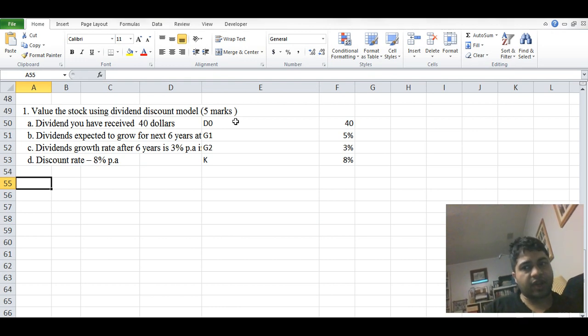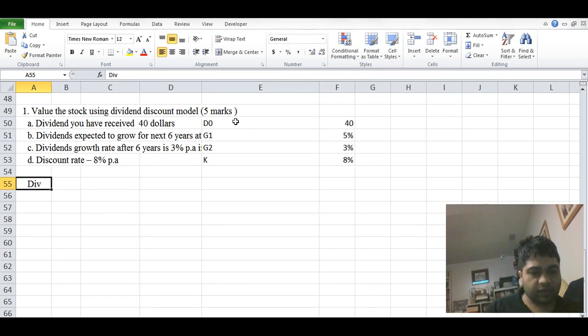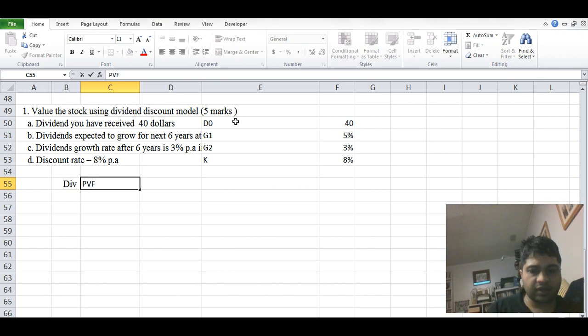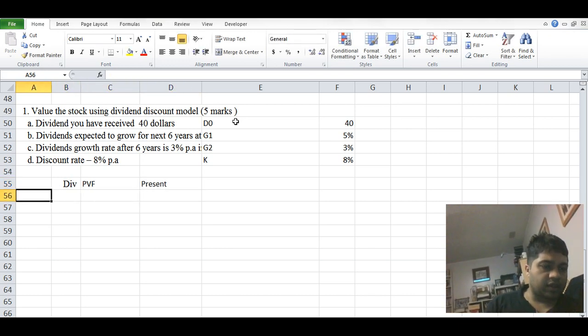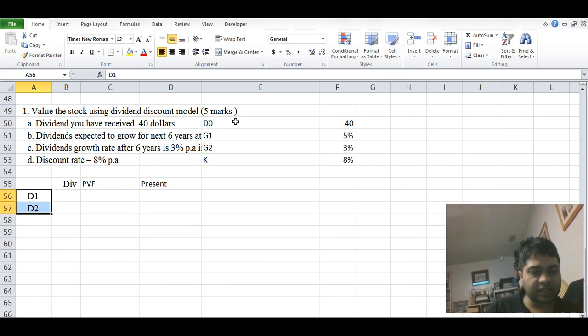So again we have to find intrinsic value for finite and infinite. So we require dividends, then present value factor, present value. Dividends are D1 to D6 now. Their finite period is till D6.